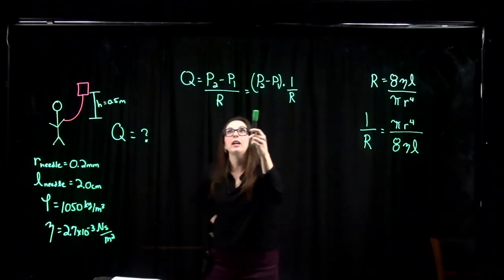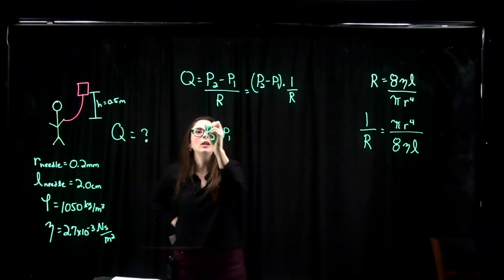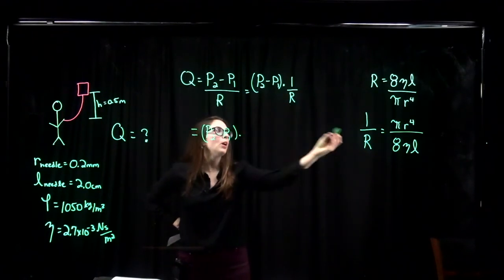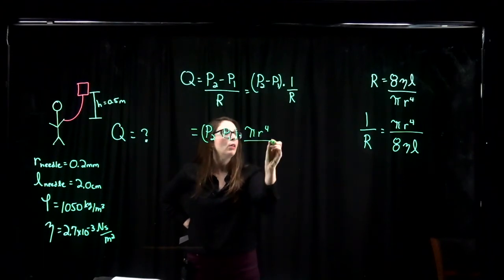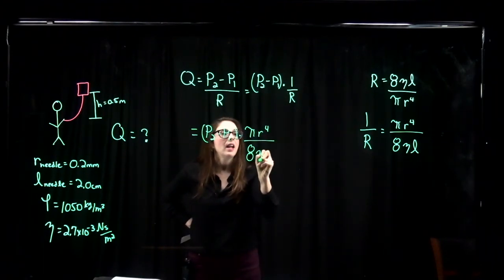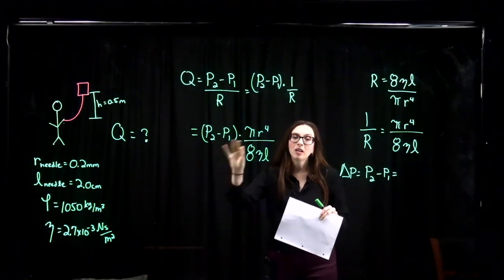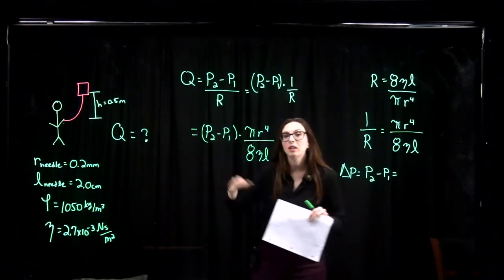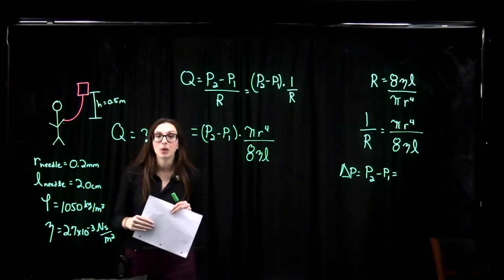So here I can rewrite this as P2 minus P1 times 1 over R, which we just saw was pi r to the 4 over 8 eta L. This difference in pressure is what's causing the flow of the blood through the needle in the person's arm.